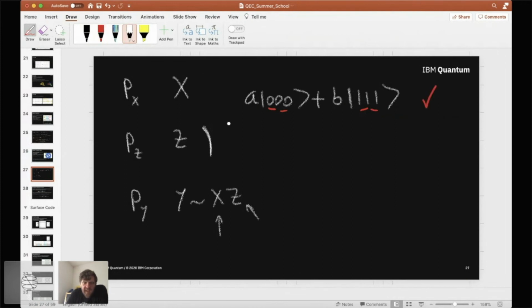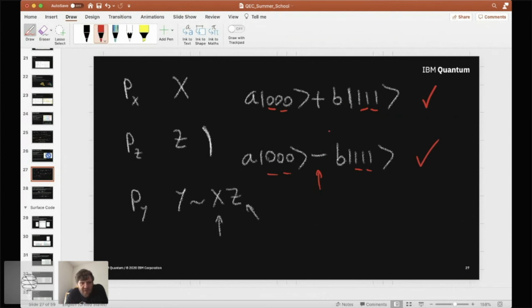However, if errors came along and transformed it into the state A|000> minus B|111>, your repetition encoding would look at these things and say, yeah, all good. It would not see this. The repetition syndrome measurements are not set up so that they can see any changes in phase in the superposition. However, changes in phase in the superposition are actually quite big changes, and we don't want them to happen.